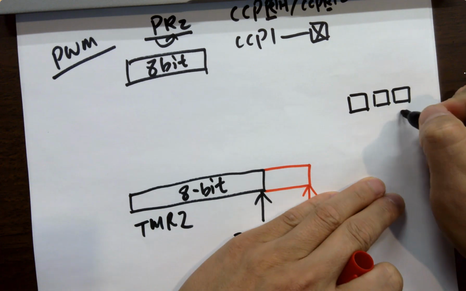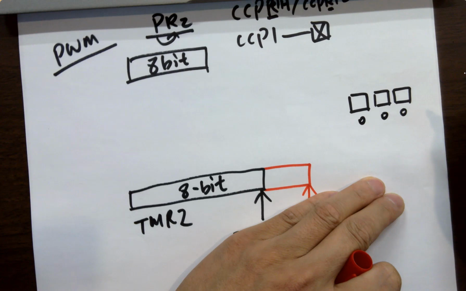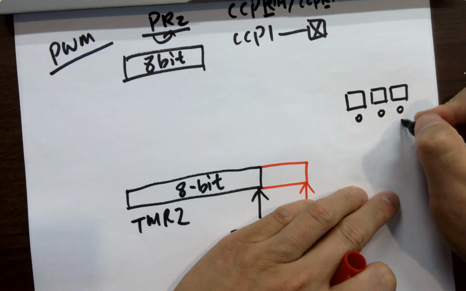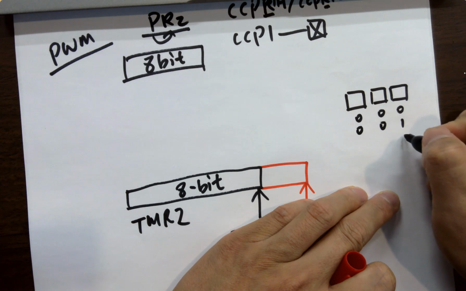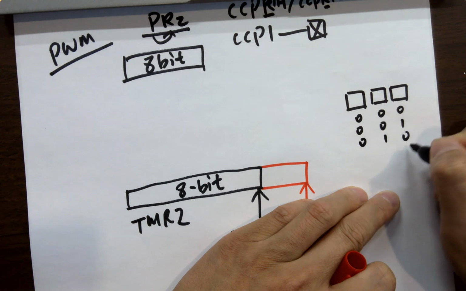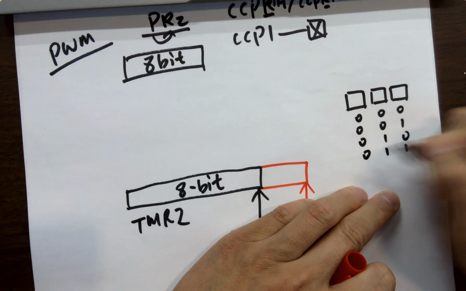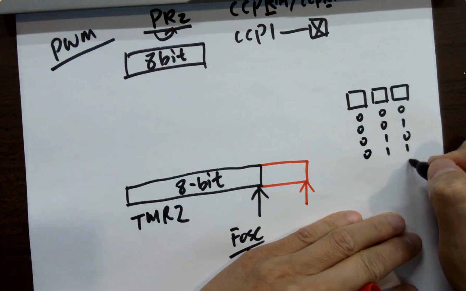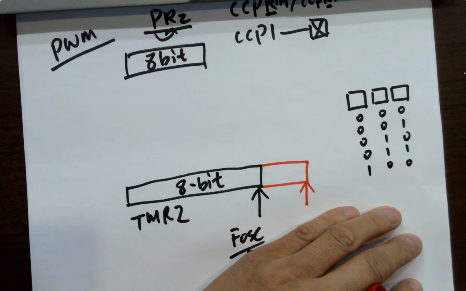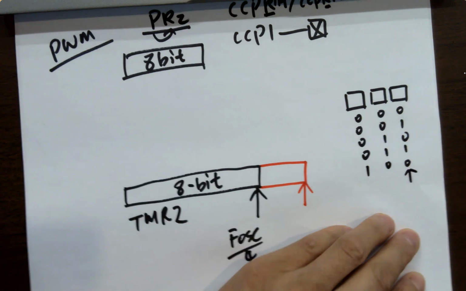All right? 0, 0, 0. I start counting. 1, 0, 0. 0, 1, 0. 1, 1, 0. What's next? 0, 0, 1. So see, this bit is being toggled.